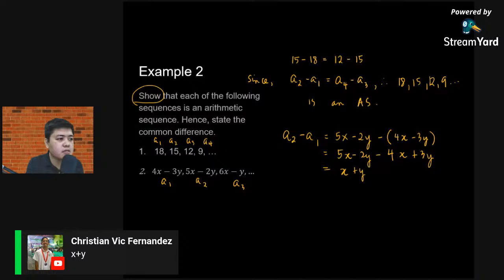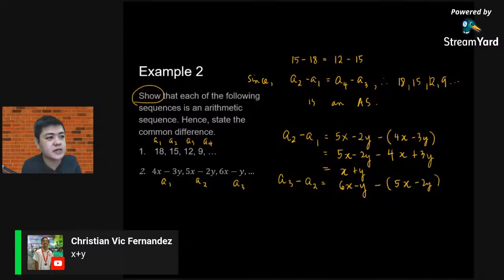How about A sub 3 minus A sub 2? That is 6x minus y minus 5x minus 2y. Huwag niyo kakalimutan yung parentheses. So we'll get 6x minus y minus 5x plus 2y.